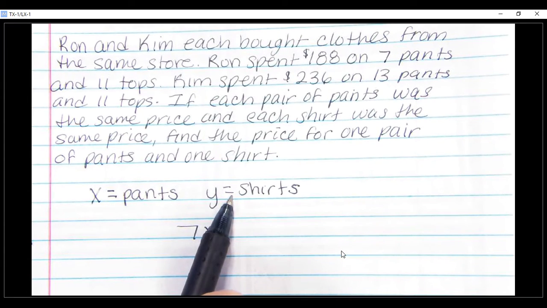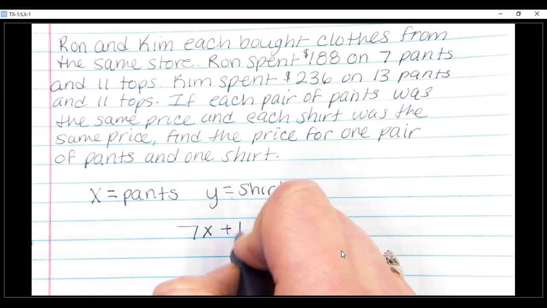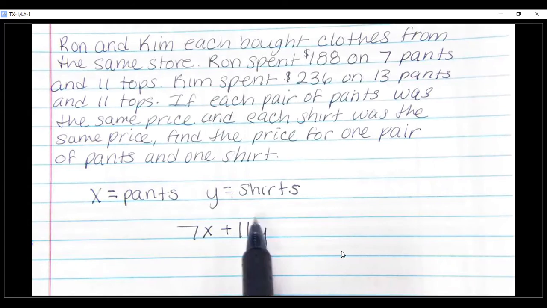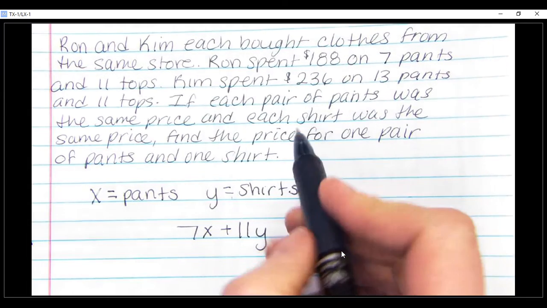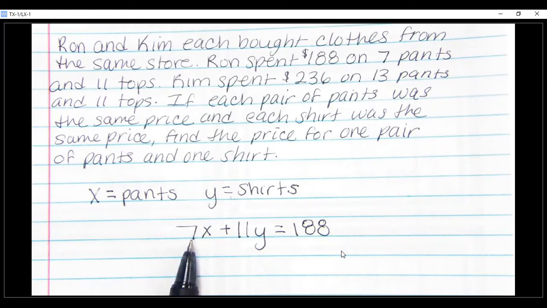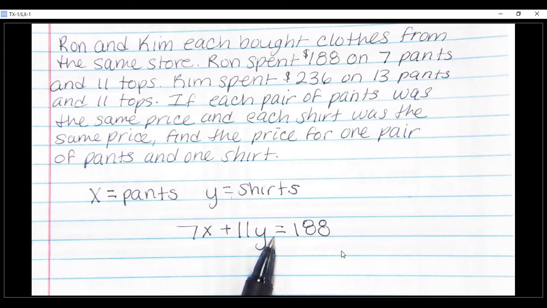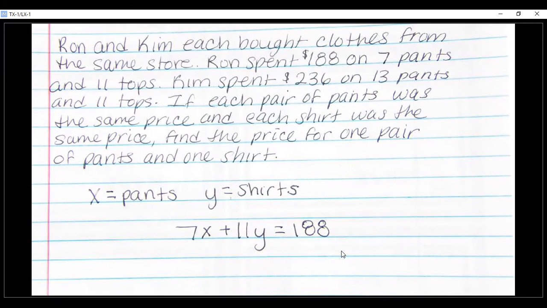And tops we said was going to be Y. So plus 11Y. And that was a total of $188. So 7 pants at some price, 11 tops at some price, added all together is $188. And we have our first equation.